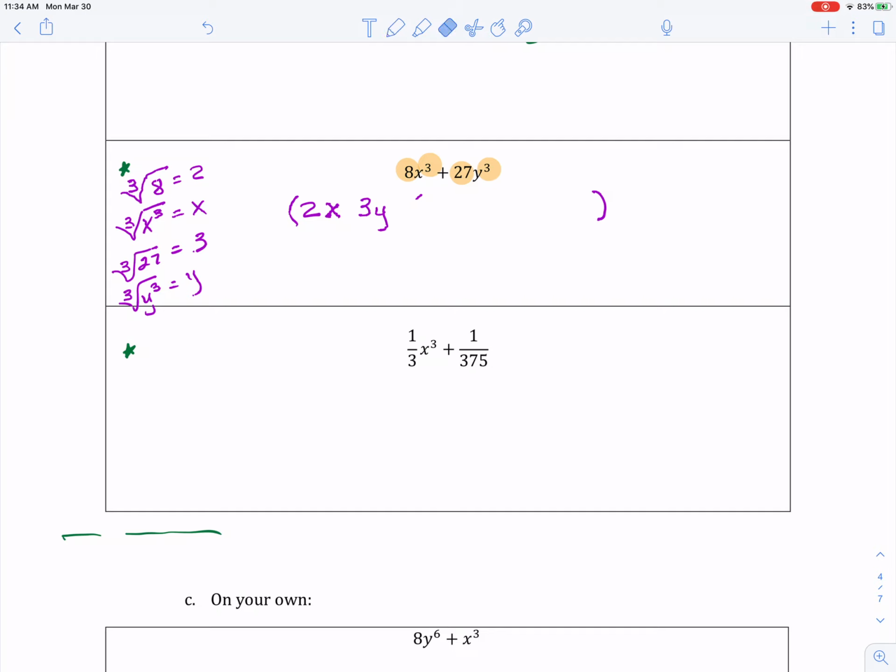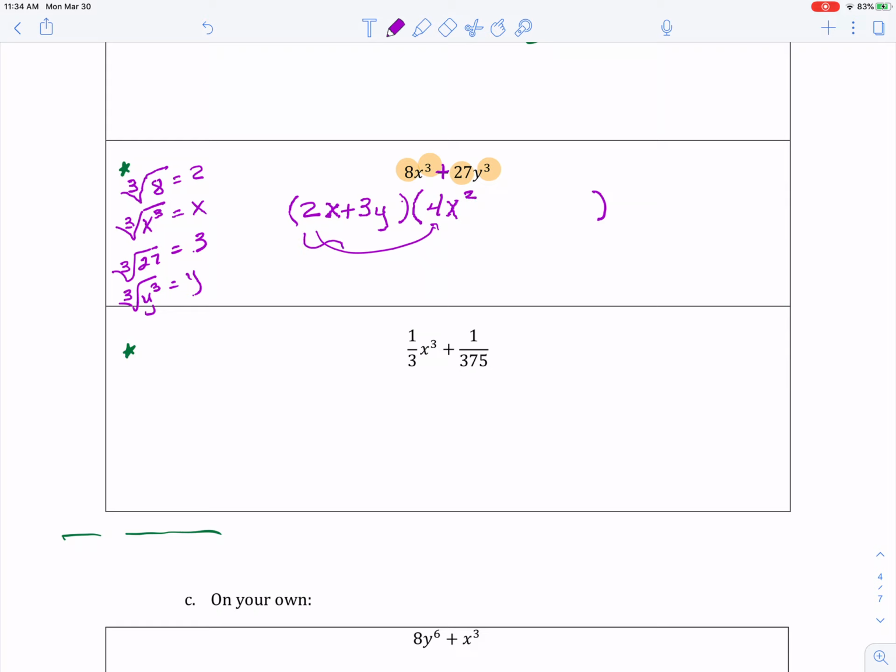I don't like the way these parentheses look. They got kind of crazy. There, that's a little bit better. And so I'm checking the sign now. Since this was a positive, a plus back here, I keep the sign the same. And then once I get that binomial established, I work from there to finish. So I take the 2x and I square it.